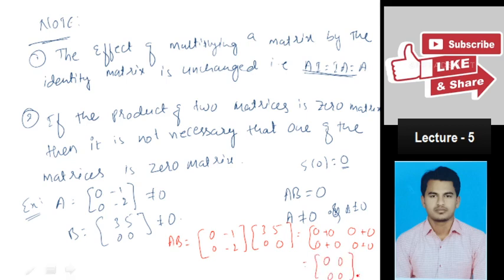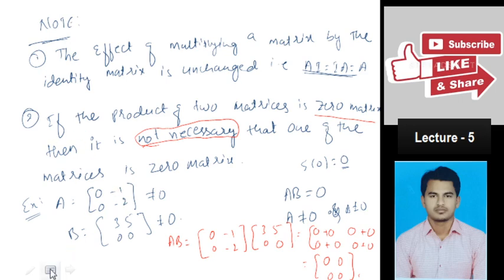So it means what? The product of two matrices is zero matrix. Then it is not necessary. Clear? It is not necessary that one of the matrices is zero. Clear? See here, both the matrices are non-zero, but the product is zero. Clear?